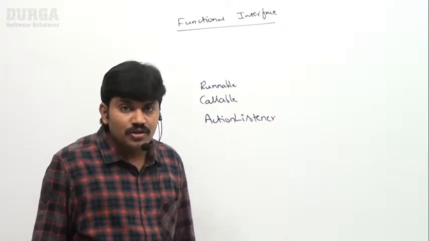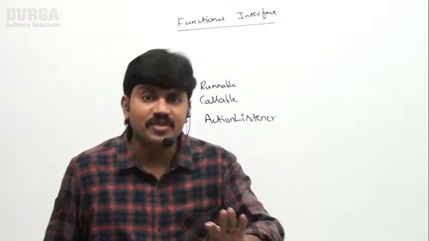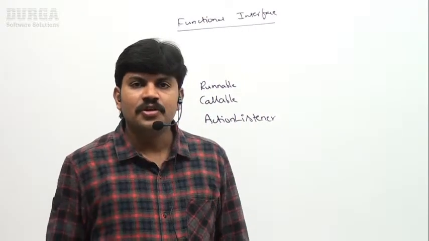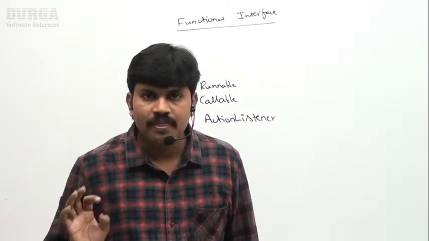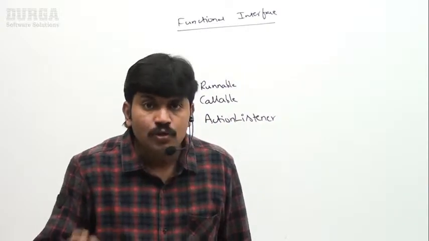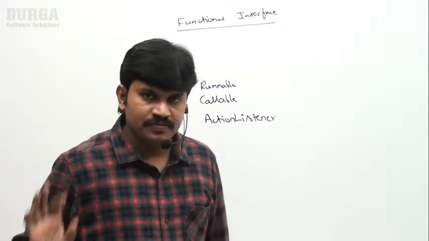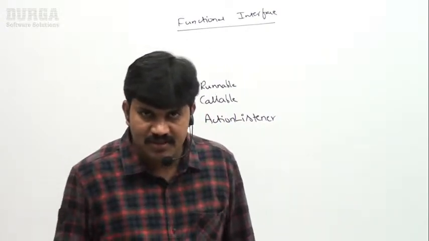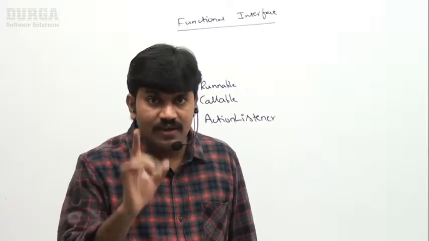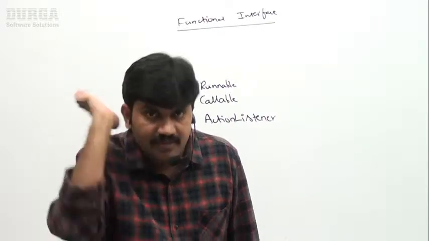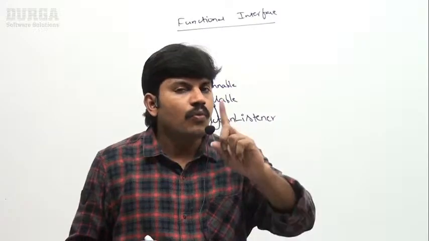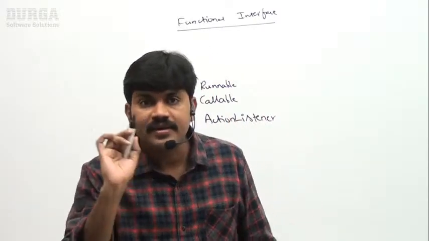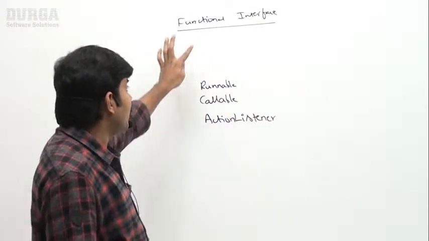Sir, can you spell out what is the functional interface first? Very simple, sir. If the interface contains only one abstract method, sir, the interface should contain how many abstract methods? Only one single abstract method. If the interface contains only one abstract method, that interface is called functional interface, right?